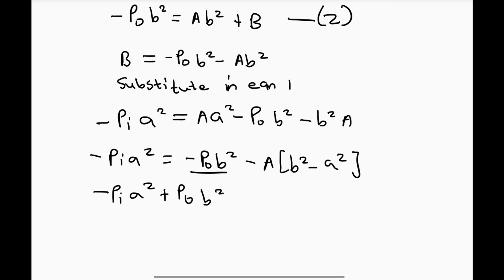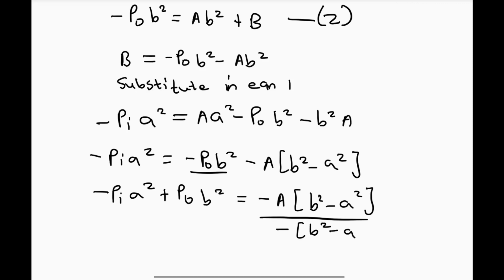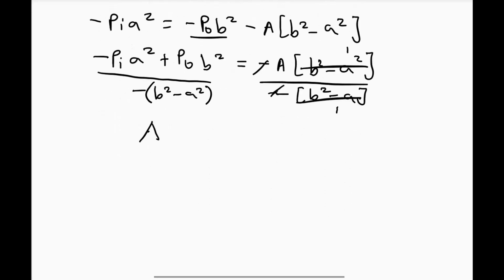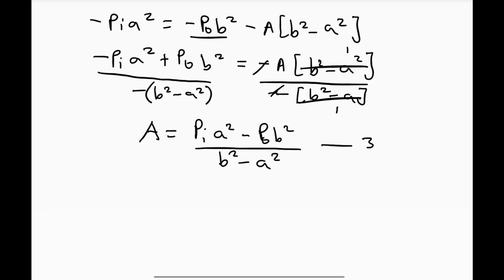So I have it as that. So the next thing will be now to divide by negative into brackets b squared minus a squared. This will leave me with A as Pi a squared minus P0 b squared over b squared minus a squared. So I put this as my equation 3.